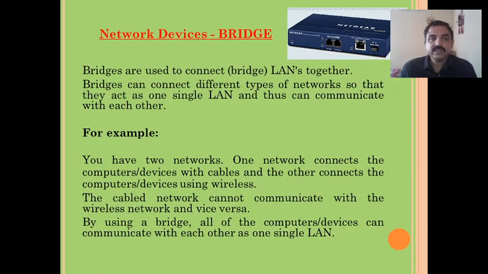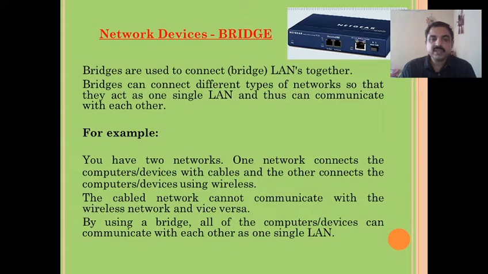Next is bridge. Bridges are used to connect or bridge LANs together. Bridges can connect different types of networks so that they act as one single LAN and thus can communicate with each other. So if you want two LANs to communicate with each other, then you will need to use a bridge. For example, we have two networks.